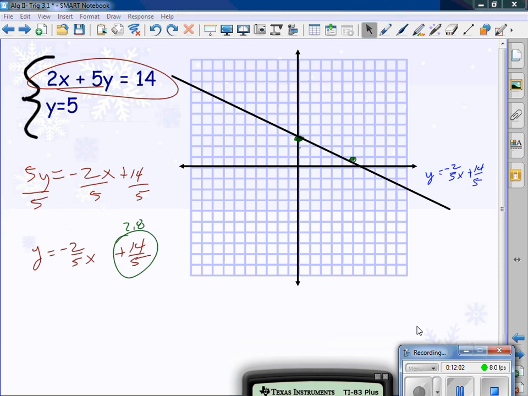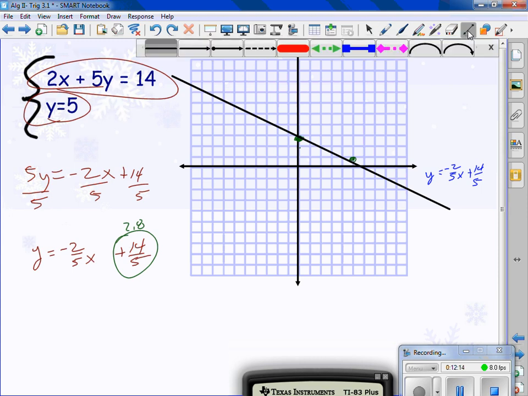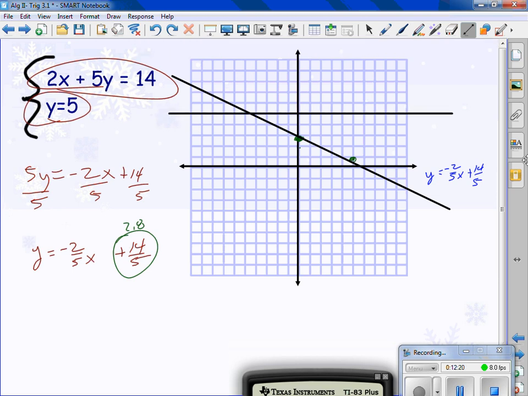This last problem. To graph y equals 5, what type of line is y equals 5? It is a horizontal that passes through 5. 1, 2, 3, 4, 5. It is right here. So it intersects right here about.